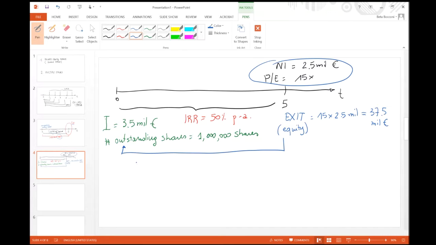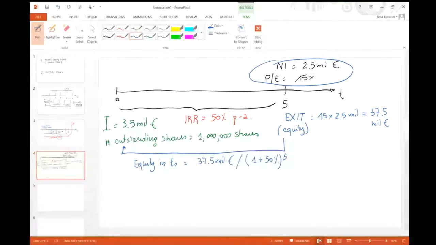So the equity value of the company at T0 can be calculated as the present value of 37.5 million euros divided by the discounting factor (1 plus 0.5) to the power of 5 years, which is the exit horizon for our investment. This returns a value of about 4.938 million euros, roundings apart.